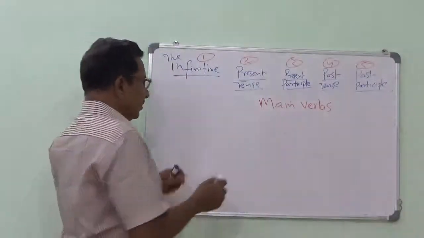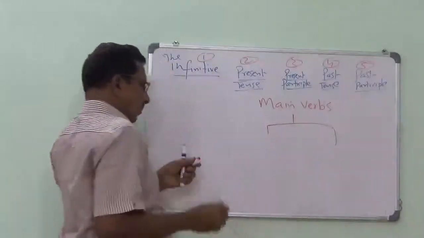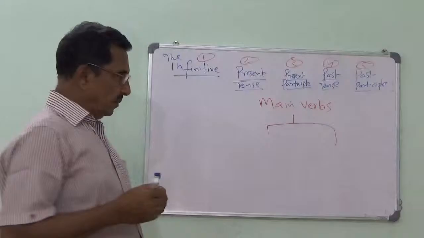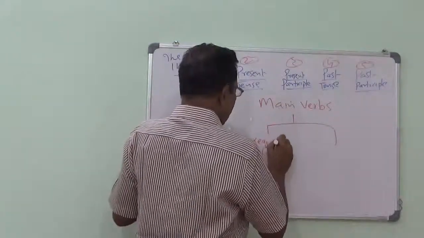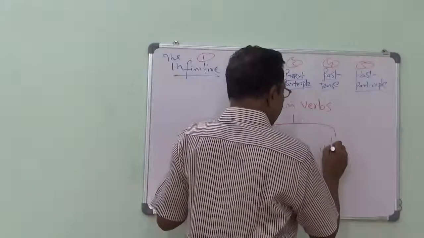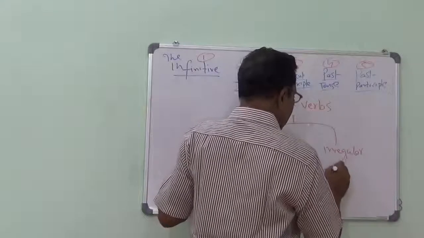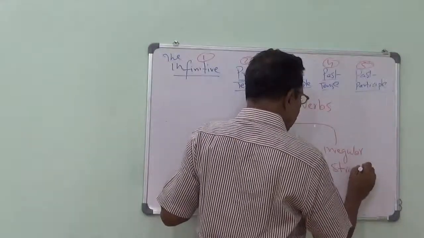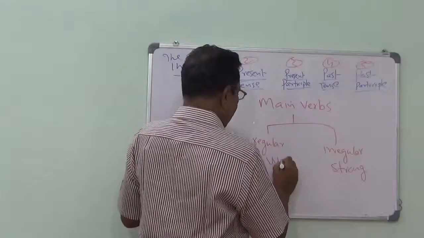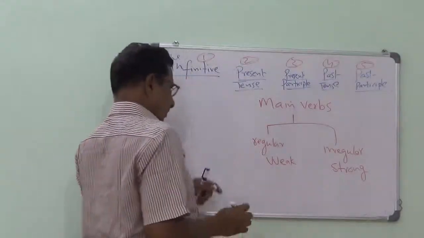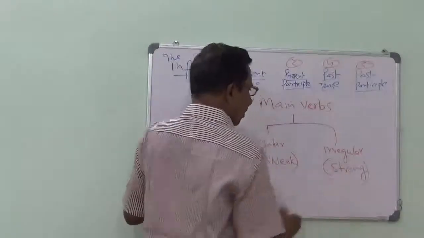And these main verbs, you have 2 divisions, again depending on how you make the past tense and past participle. You call them regular and irregular. Or you can also call irregular ones strong verbs, and regular ones weak verbs. Regular verbs are weak, irregular verbs are strong.